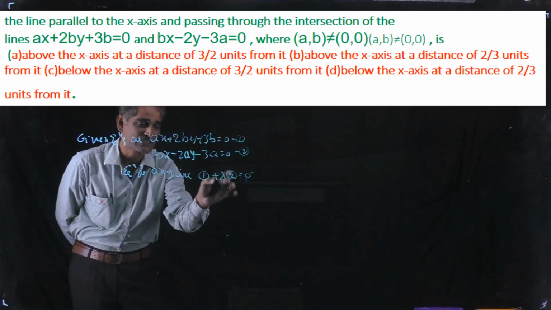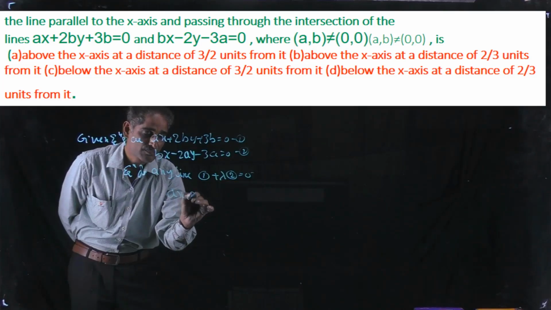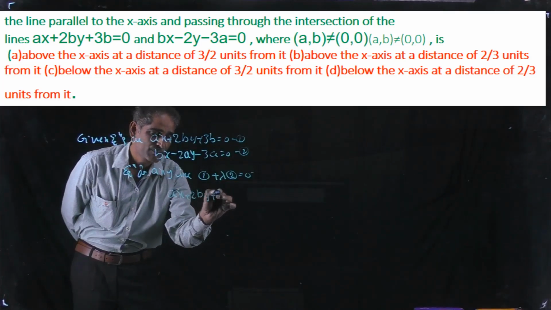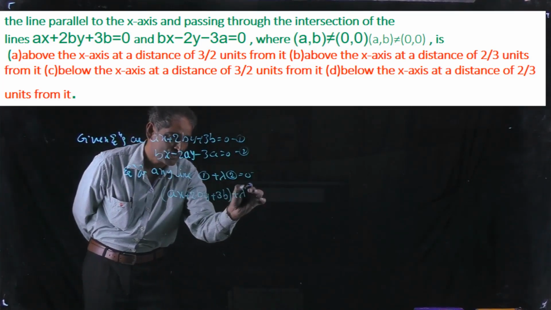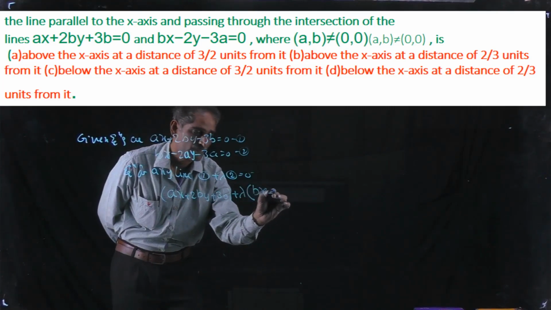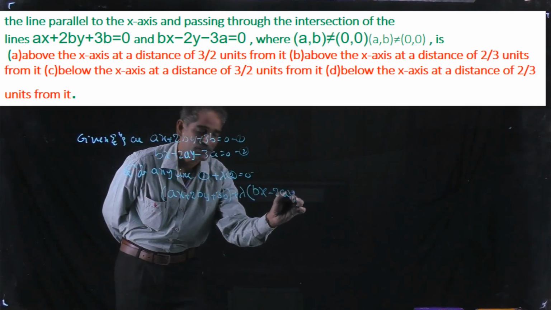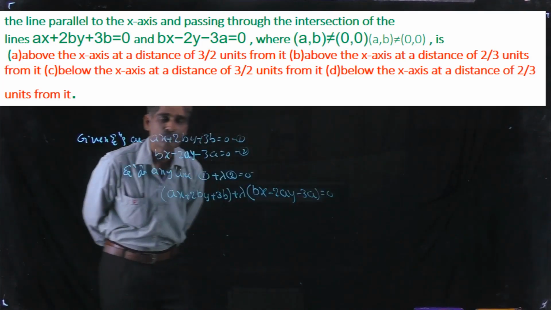That means ax plus 2by plus 3b plus lambda into (bx minus 2ay minus 3a) is equal to 0.